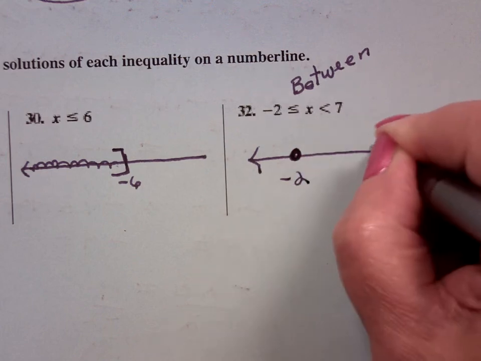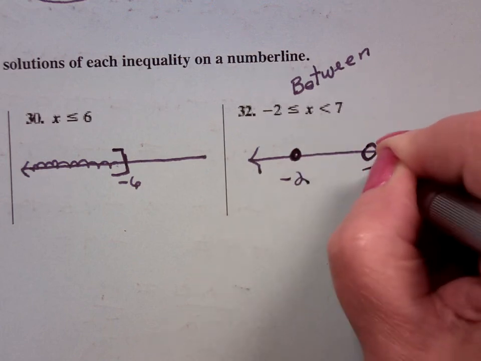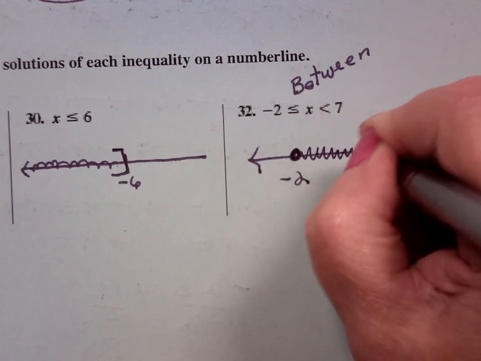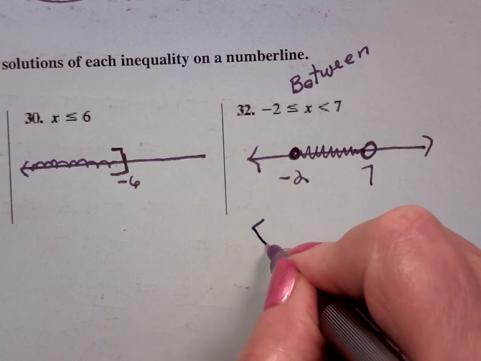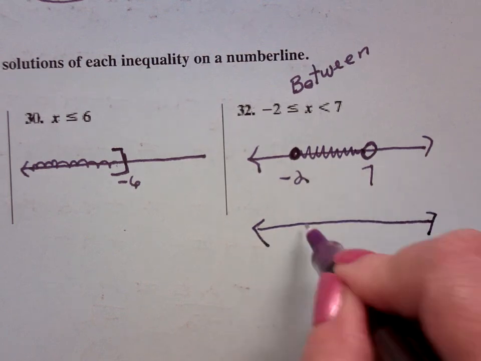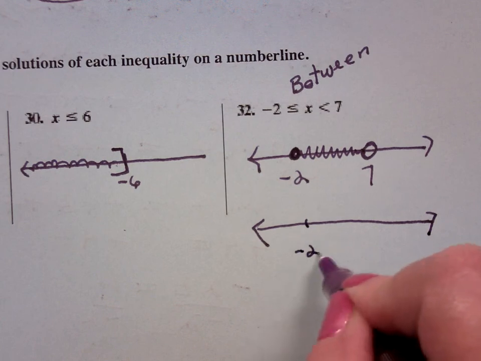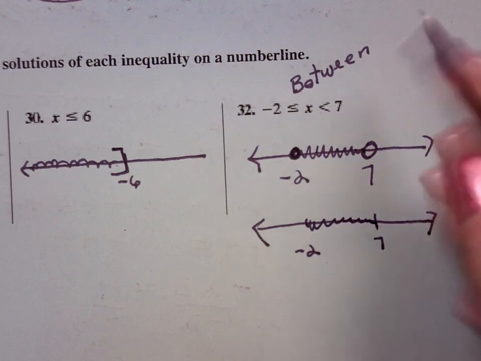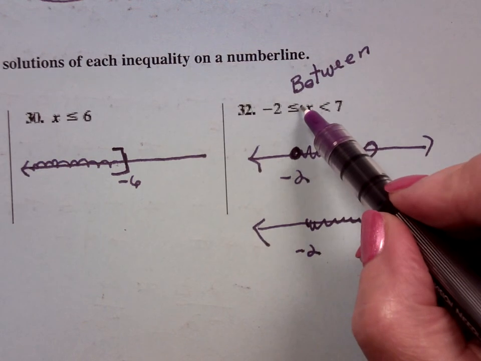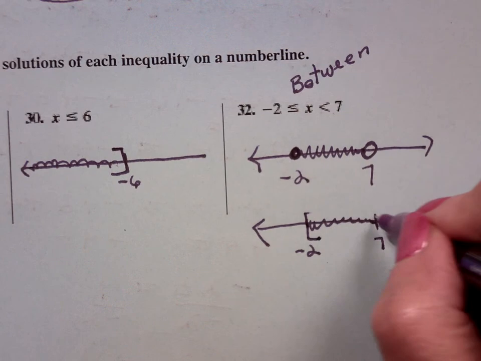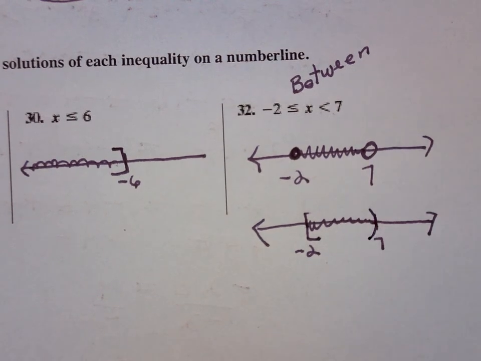And if I exclude 7, that's open. And then it would be everything in between. Now your book, if I were going to approach it the way your book does, I'd put a little thing at -2, little thing at 7, shade it, and then it says, oh, it includes, so that would be square bracket. It doesn't include, that would be parenthesis, so I could get that in correctly.